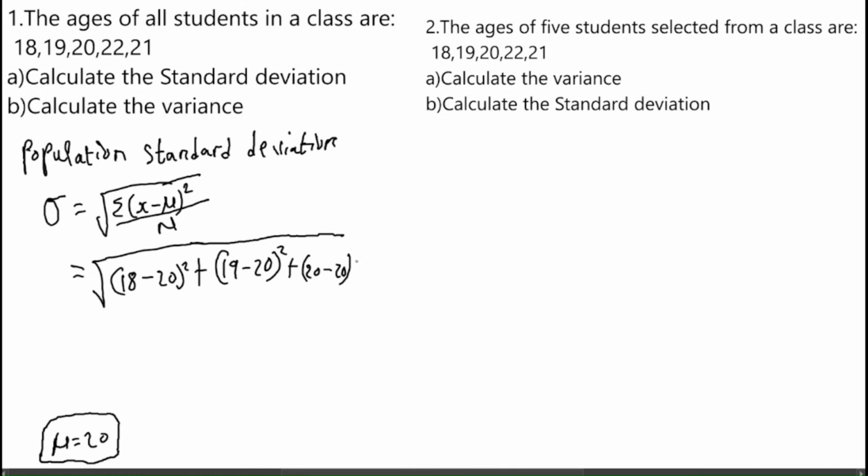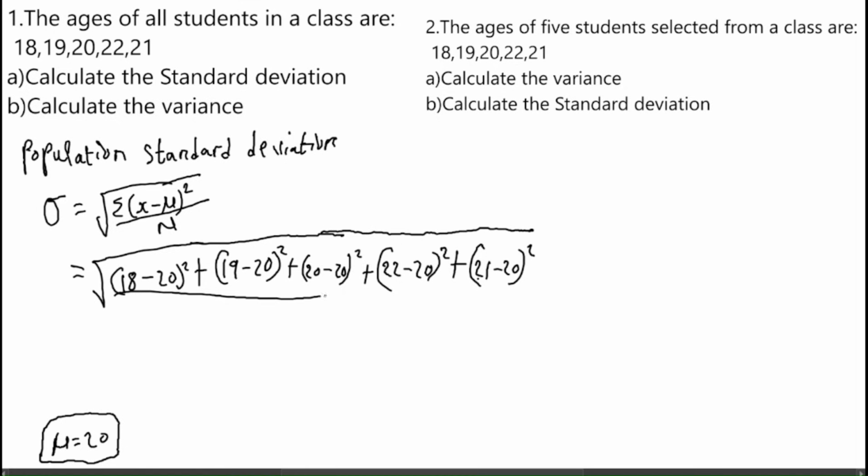Don't forget to square. 22 minus 20, 21 minus 20, divided by n. Recall that our n is 5: 1, 2, 3, 4, 5.